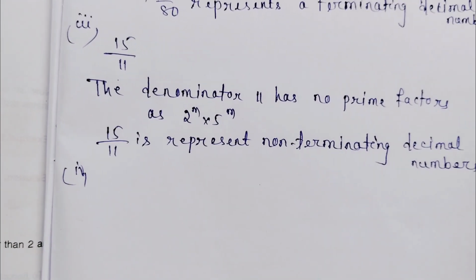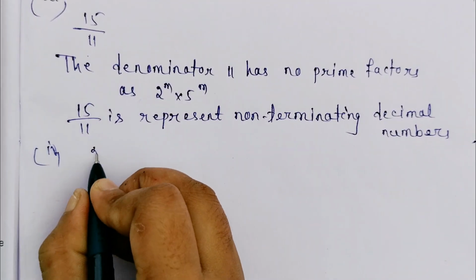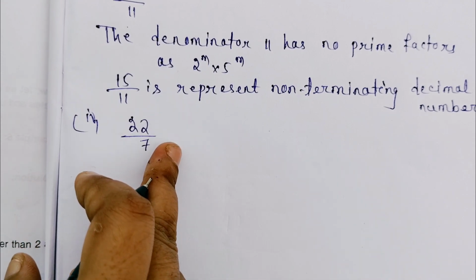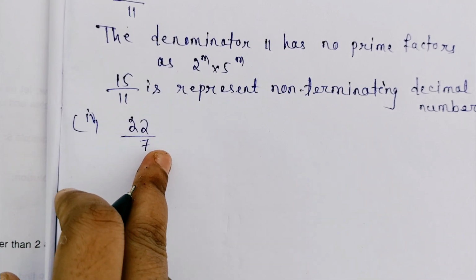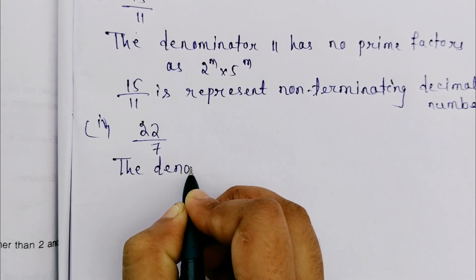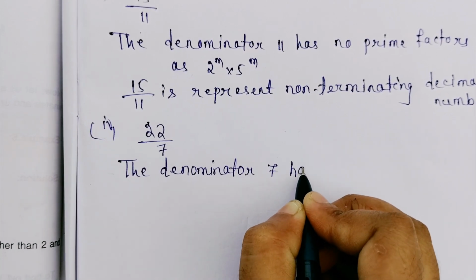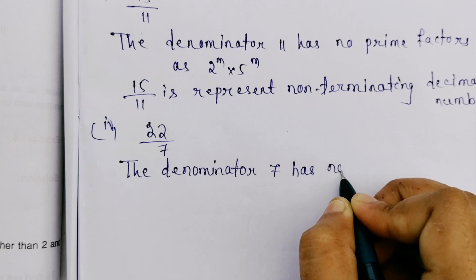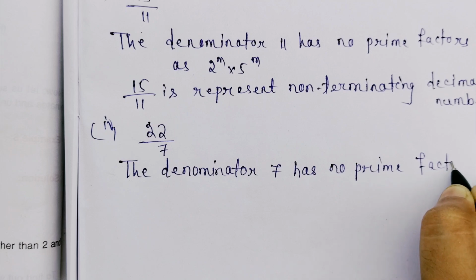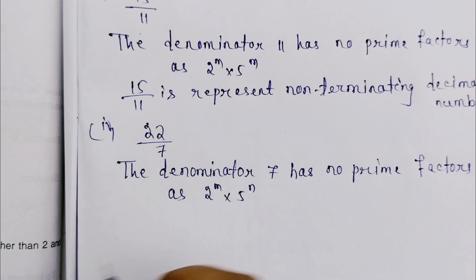Now we solve another point, 4. 22 by 7. Here the denominator 7 also has no such prime factor. So it is also a non-terminating decimal number. We write the denominator 7 has no prime factors as 2 to the power m into 5 to the power n.